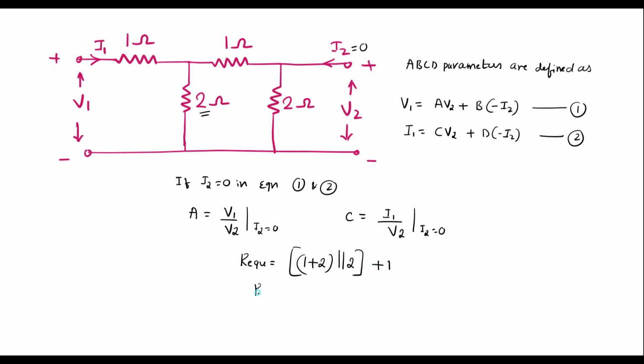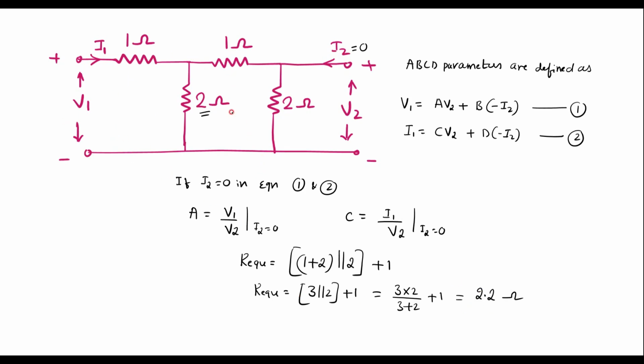Let me calculate this. R equivalent is 3 parallel with 2, plus 1, that is 3 into 2 divided by 3 plus 2, plus 1. So 6 by 5 is 1.2, plus 1, that is 2.2. So the R equivalent value is 2.2 ohm.